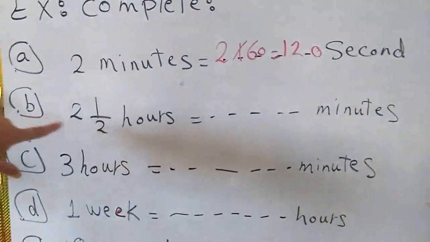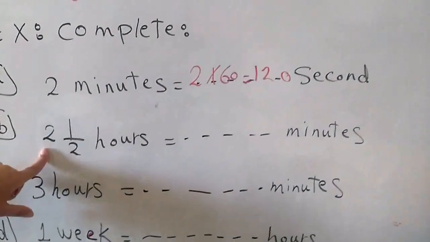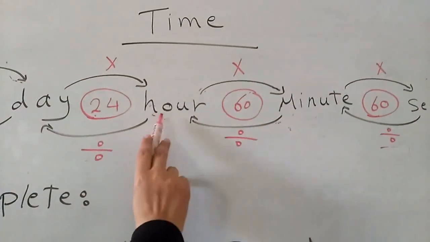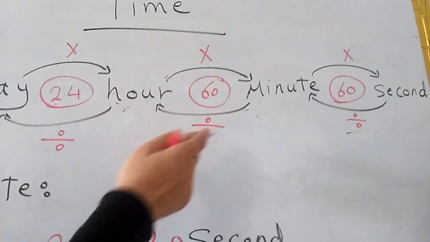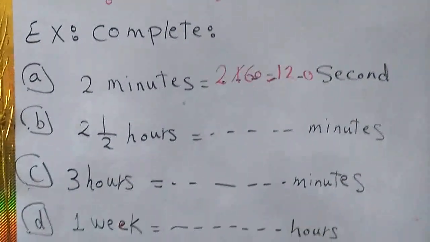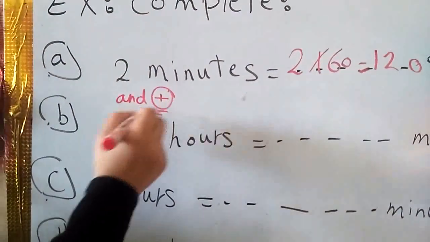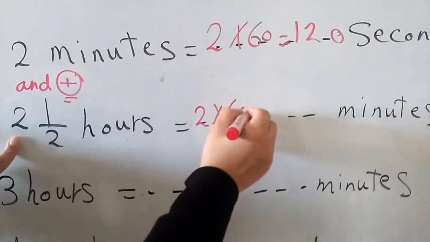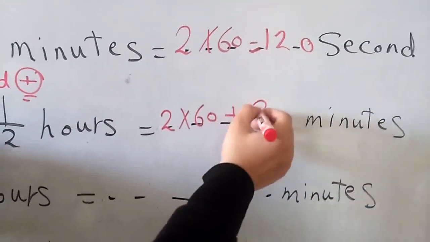Okay, number B, 2.5 hours equals how many minutes? 2.5 hours. From hour to minutes, from bigger to the smaller we multiply by 60. But here I have 2 hours and a half, meaning plus. 2 hours is the same, 2 times 60, plus we know the half hour equals 30.